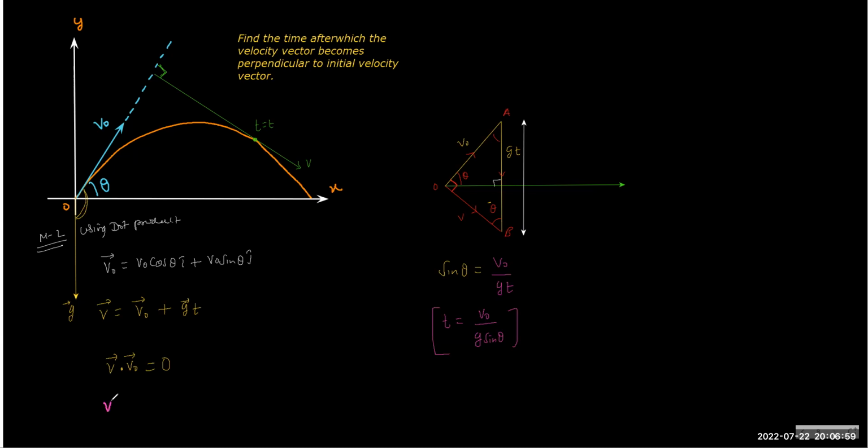So can I write V naught plus GT dot V naught equals 0? And now you know the magic. V naught dot V naught becomes V naught square, plus G dot V naught into T equals 0.